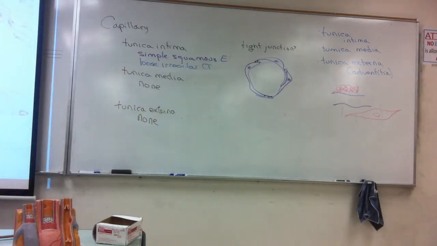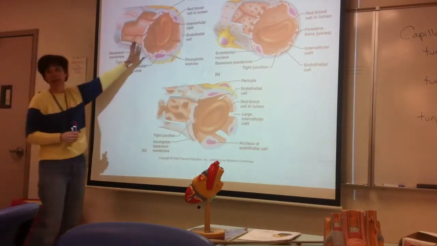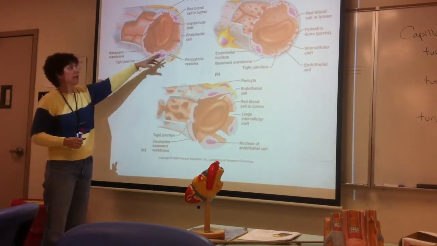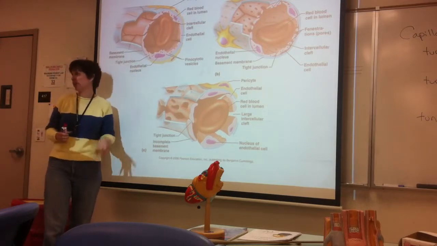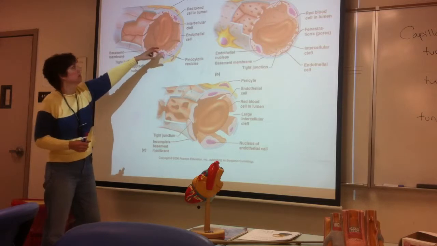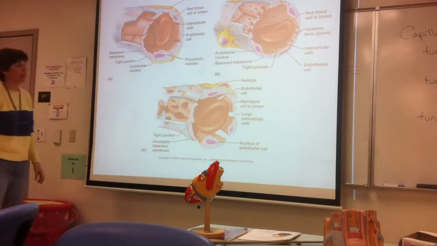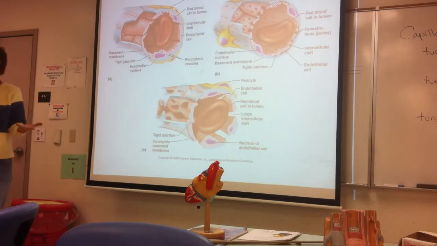And in your lecture notes, as well as on the PowerPoint slides, there are 3 types of capillaries that are illustrated. So this would be a typical capillary over here. Endothelial cell is our name for the epithelium lining blood vessels. Here's one cell, here's another, and at their junctions, they're joined by tight junctions. Every epithelium, remember, has a basement membrane.